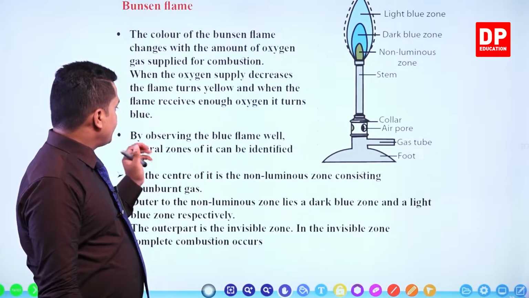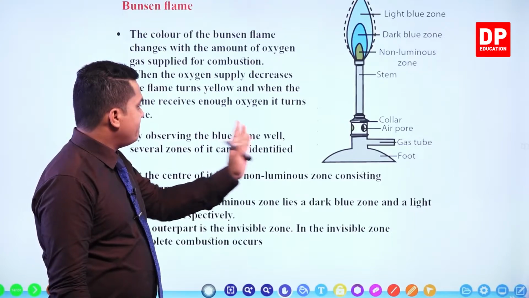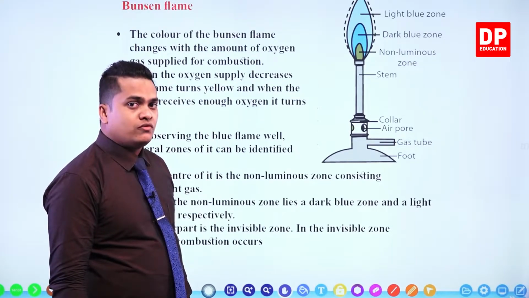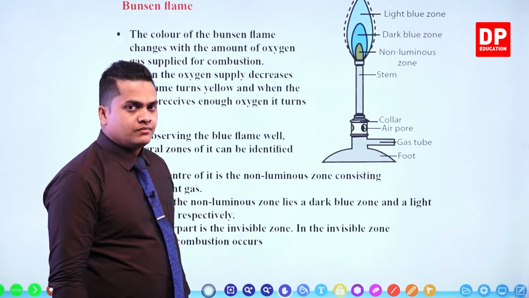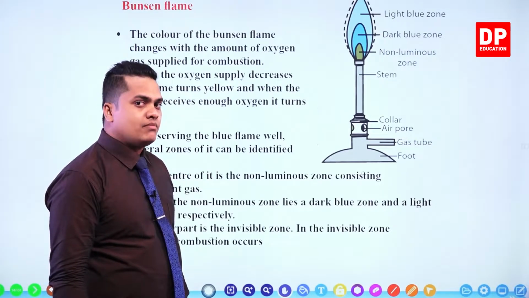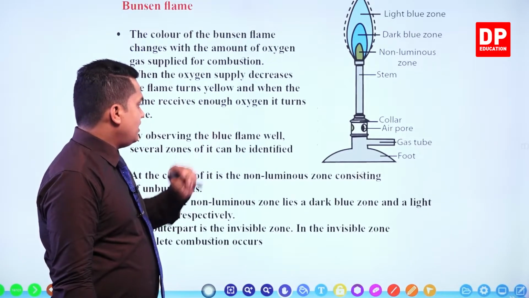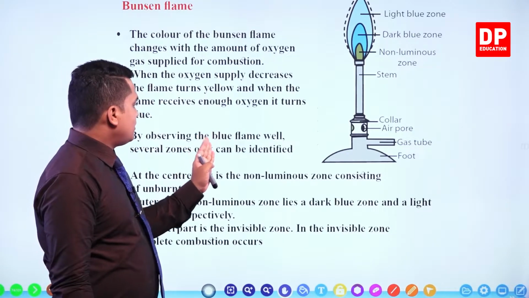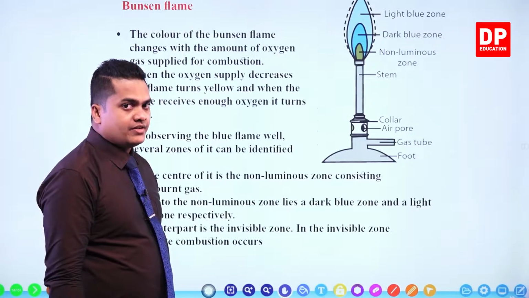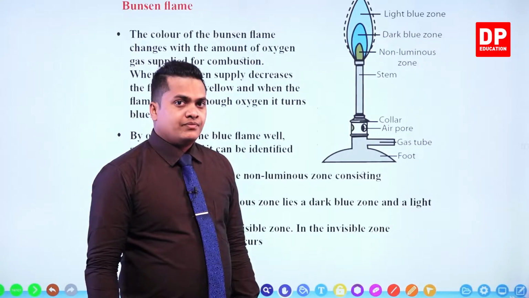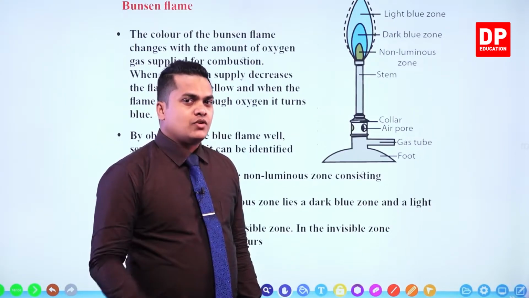First of all, we need to adjust this to get a blue flame and to have complete combustion. By observing the blue flame well, several zones of it can be identified.